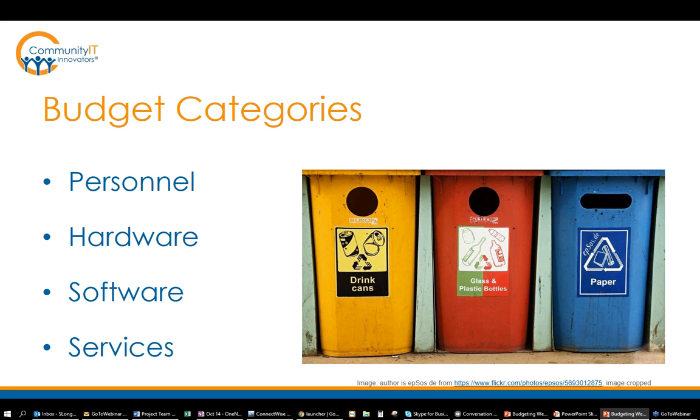So under some different categories that can be used in working with your budget, of course, can be around personnel. Essentially, being able to list down on the line item exactly how much each personnel is going to cost for the organization.